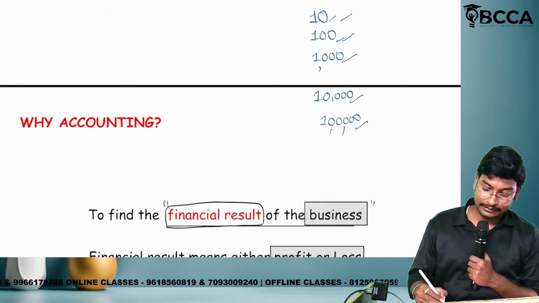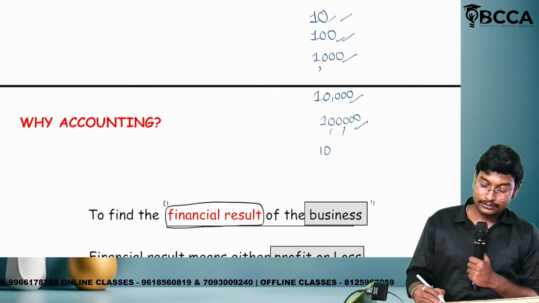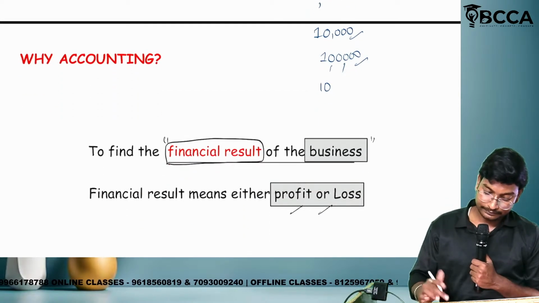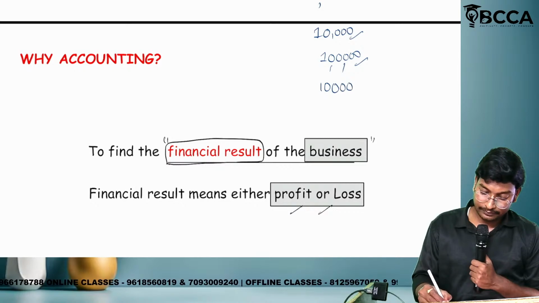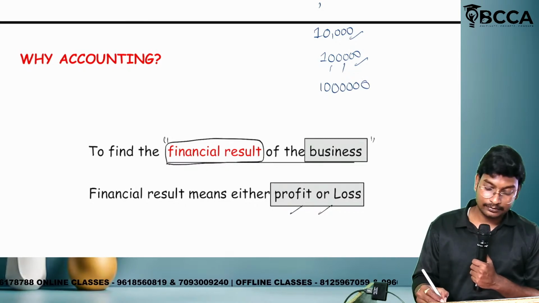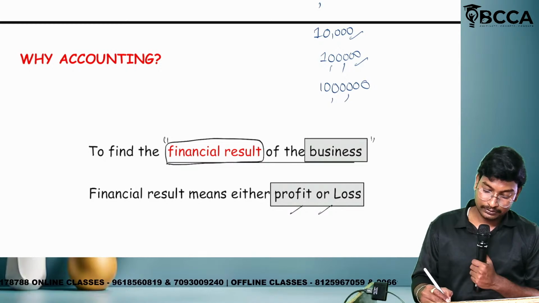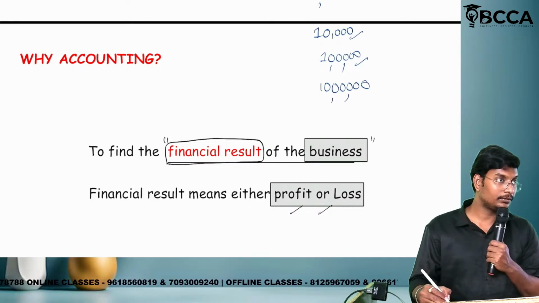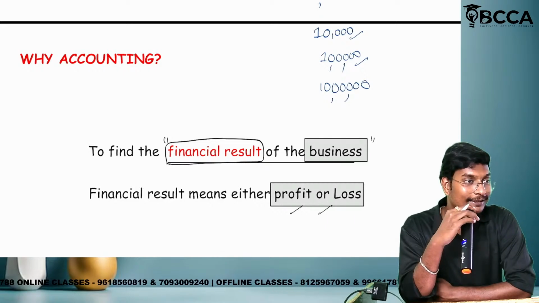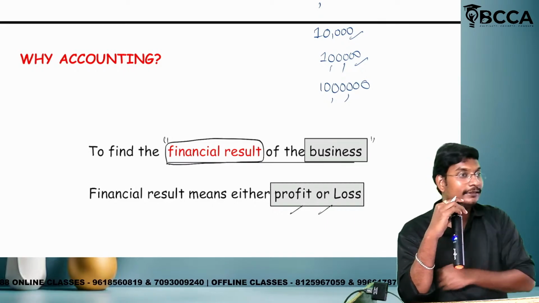Next, 10 lakhs. How do we write it? 1 lakh has 5 zeros, so 10 lakhs has 6 zeros. So 1, 2, 3, 4, 5, 6. We keep the commas from the end: 3, then 2, then 2. For every two zeros we keep the comma.